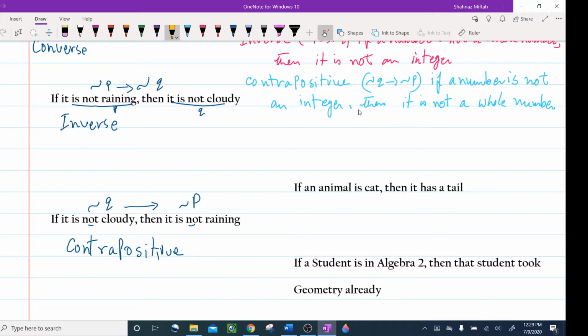Okay, so let me write it down. Since we are talking about deductive reasoning, I'm going to write here about deductive reasoning.